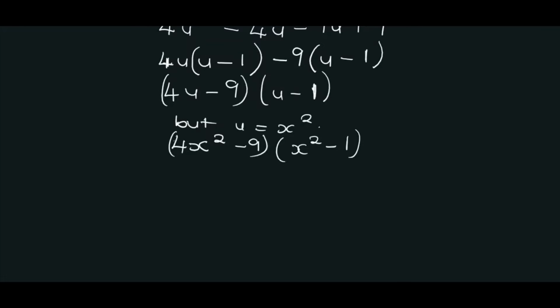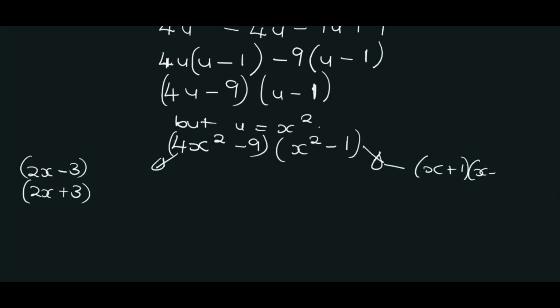Oh, but we are not done, because we know that we need 4 factors. So what we do here, we know that this can be written as 2 factors, and this can be written as 2 factors. So this can be written as 2x minus 3 bracket 2x plus 3, and this one can be written as x plus 1, x minus 1.